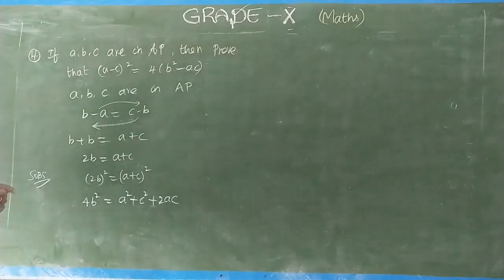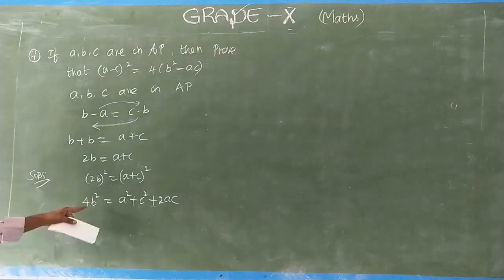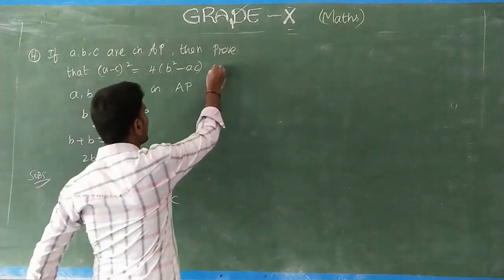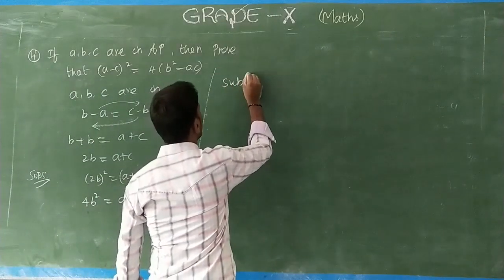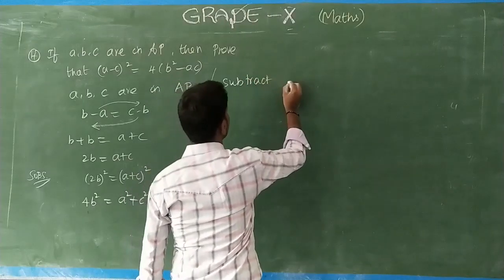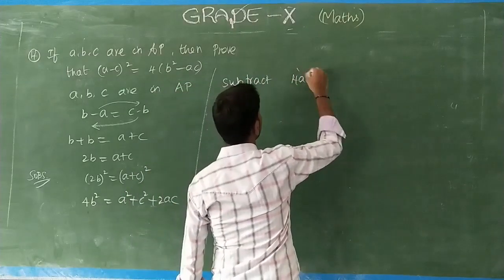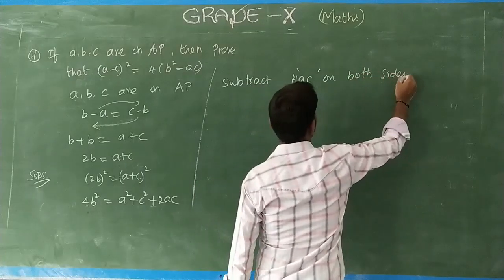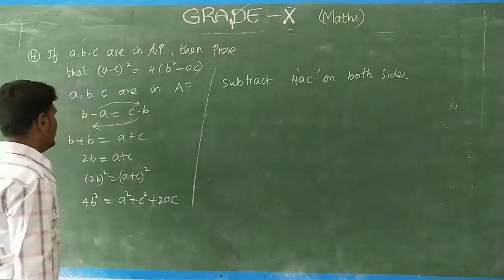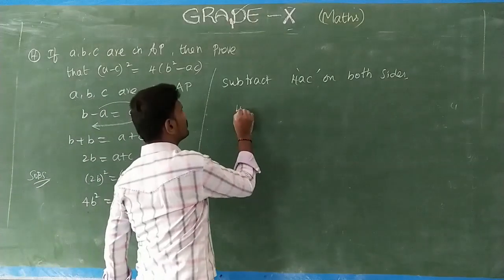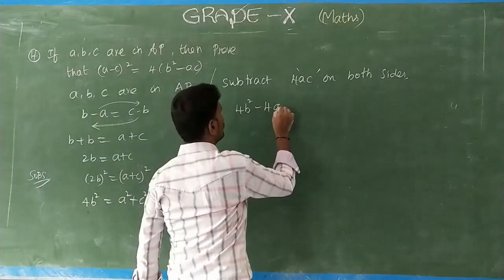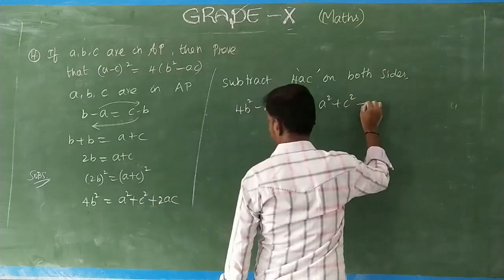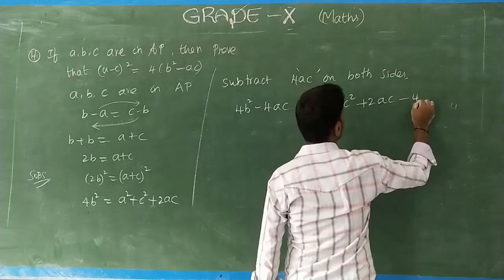So for that, in that step, subtract 4AC on both sides. Now on the left side, 4B square minus 4AC, which is equal to A square plus C square plus 2AC minus 4AC.